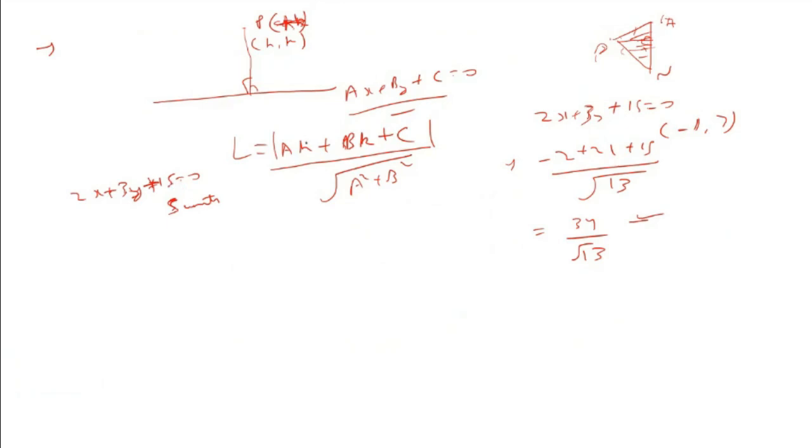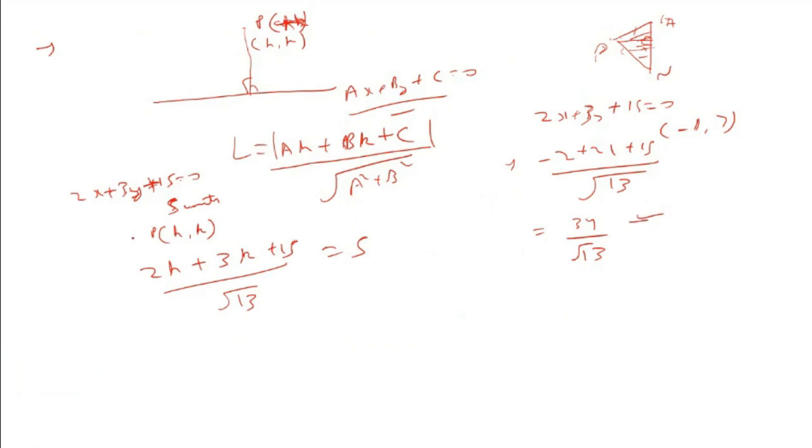Now if you just remember the basic formula for that, what you will do is take the point we need to find as h and k. You'll say, okay, 2h plus 3k plus 15, root over 2 square plus 3 square is 13, equal to 5, and you'll make an equation in h and k.